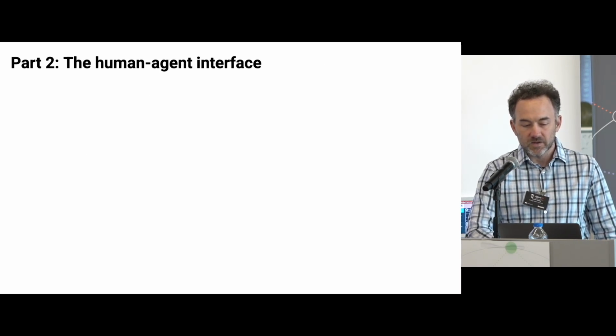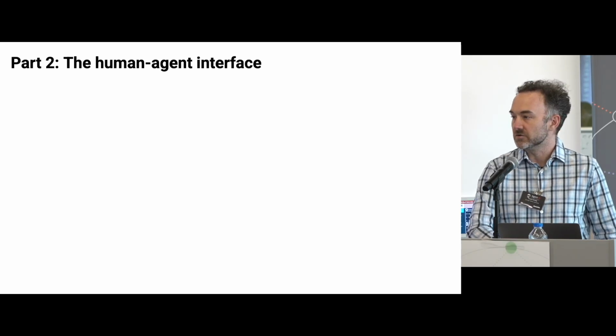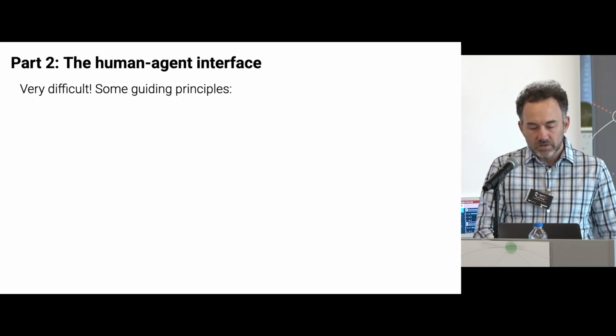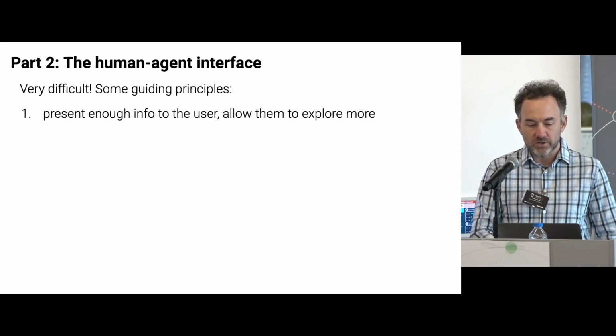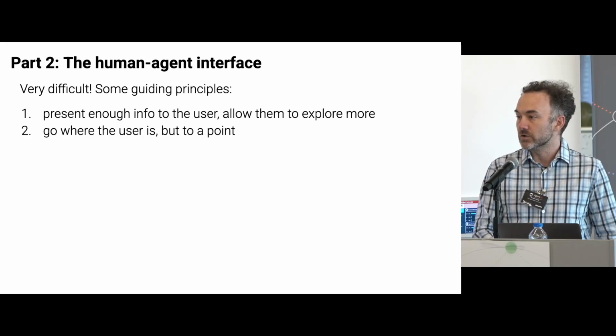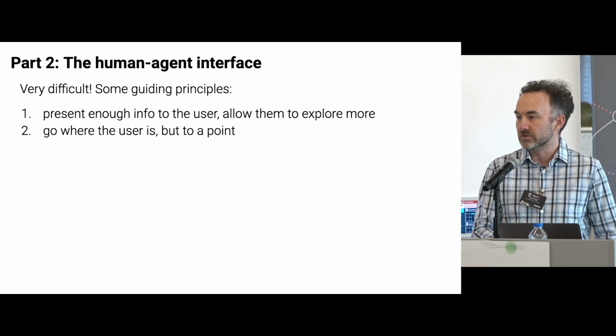The second thing I worry about is the human-agent interface. And this is really an interesting problem, really hard to get right. We have some guiding principles, which are that we want to present enough information to the user to allow them to explore more, and also to go where the user is, but to a point.